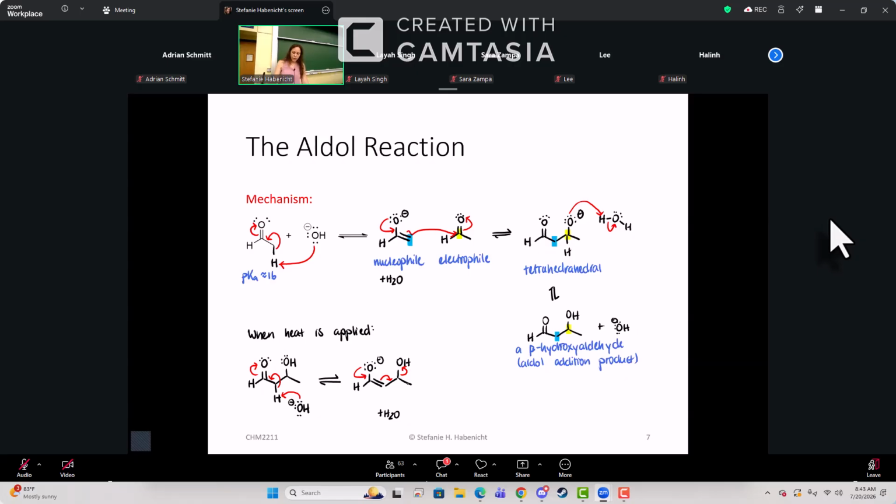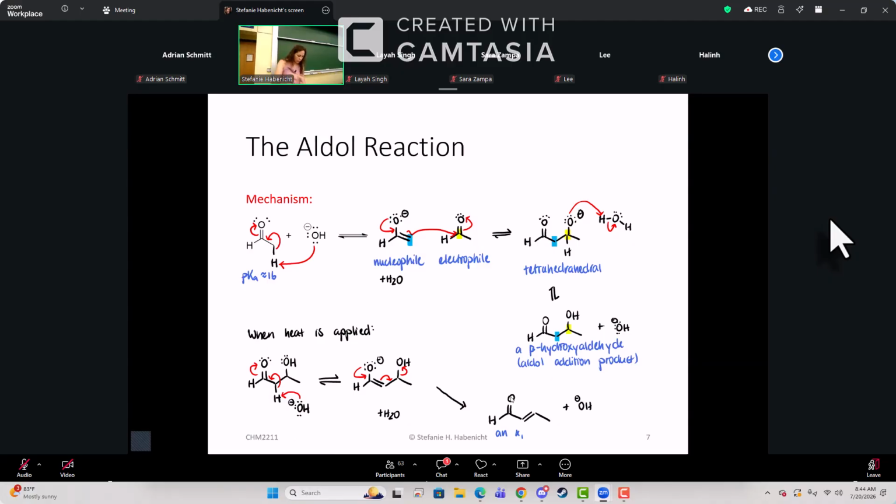So the elimination, the dehydration, is a two-step process. It's not an E2 mechanism because the leaving group here is not a good one. First, we form an enolate anion, and that enolate anion then expels hydroxide from its beta position to give the final aldol condensation product, this alpha beta unsaturated aldehyde in this case.